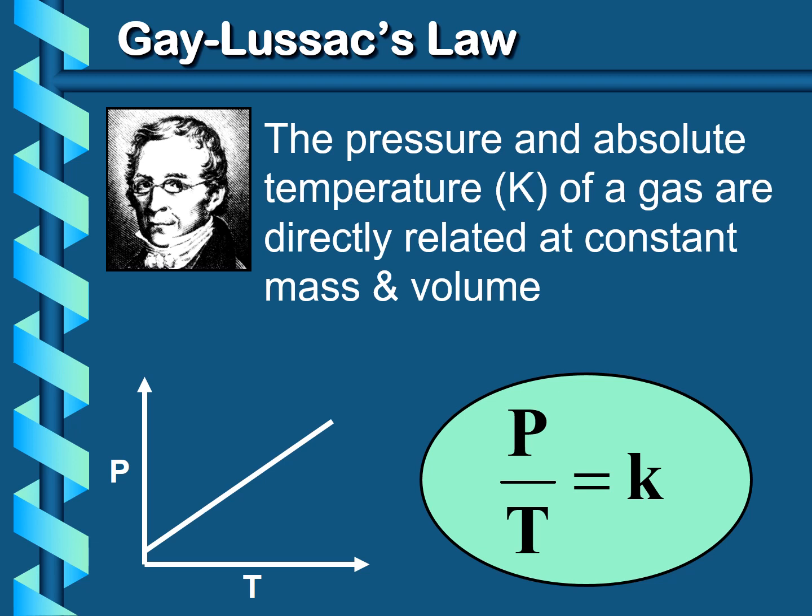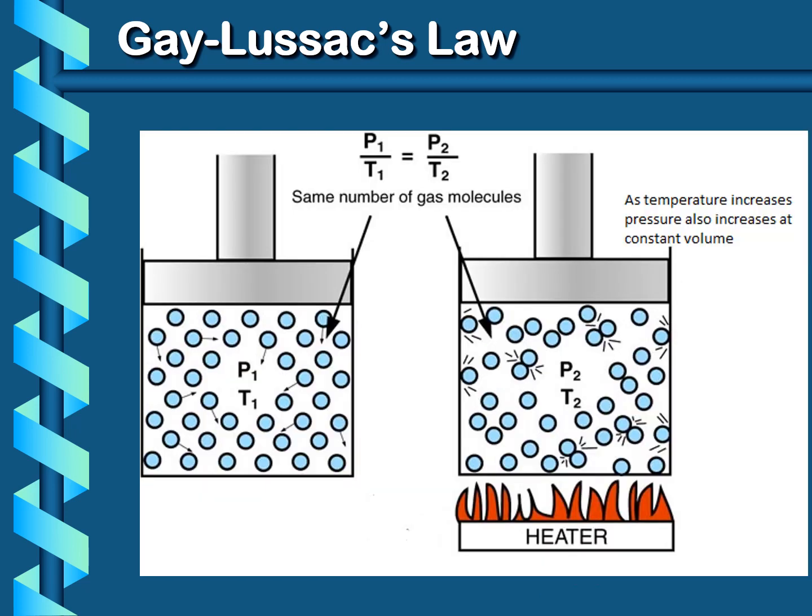They are directly proportional. Same relationship applies to pressure and temperature being studied by Gay-Lussac. If the pressure increases, the temperature also increases. In Gay-Lussac's Law, we have P1 over T1 equals P2 over T2.